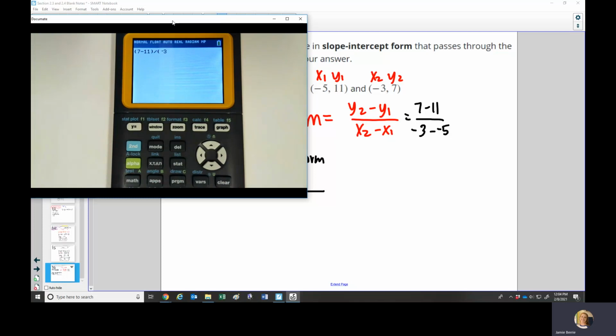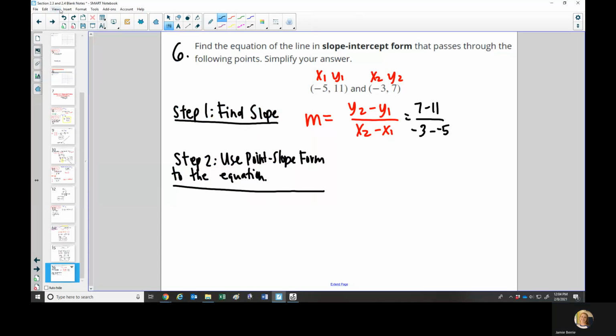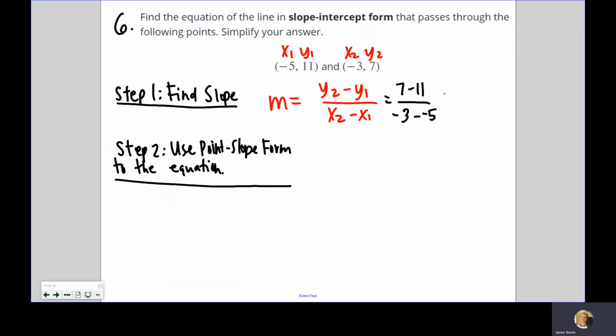So -3. We know a double negative becomes a positive, so we can go ahead and switch that to a +5. Close parentheses. And there's our slope, -2. So that equals -2. So now we know m is -2.